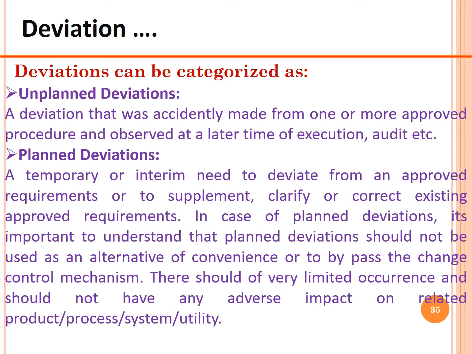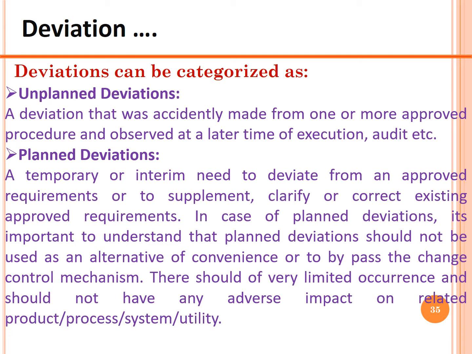Deviations can be categorized as unplanned deviations: a deviation that was accidentally made from one or more approved procedures and observed at a later time of execution, audit, etc. Planned deviations: a temporary or interim need to deviate from approved requirements or to supplement, clarify or correct existing approved requirements.